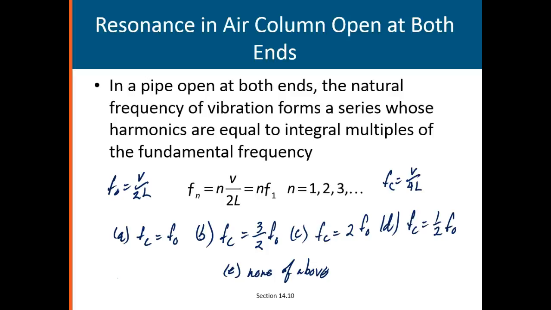You multiply this by 2, you get that. So this says that F sub O is equal to 2 F sub C. Whoops, we did it backwards. So that says F sub C is equal to 1/2 F sub O. Now that's what I see in this, so that would be D.